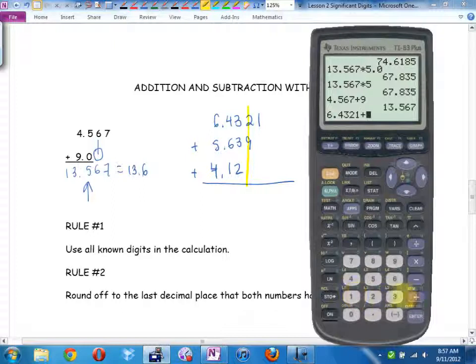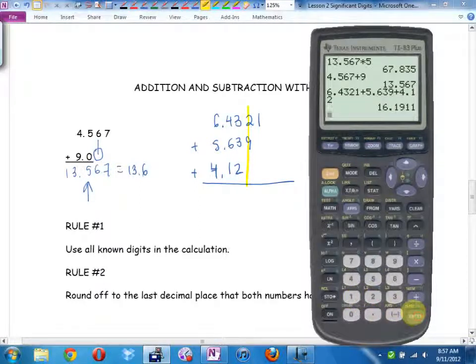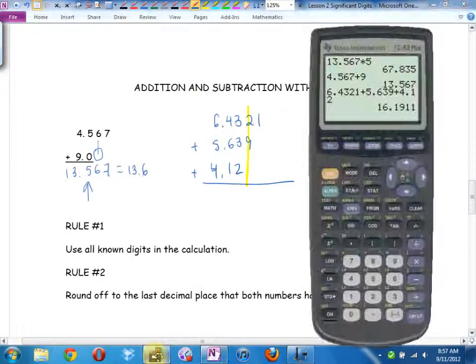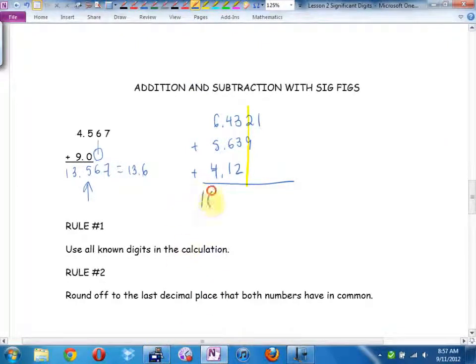6.4321 plus 5.639 plus 4.12. So I get 16.1911. I'll write that down. 16.1911.